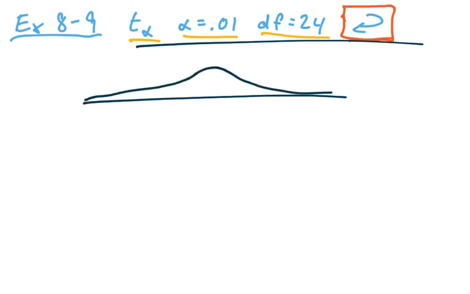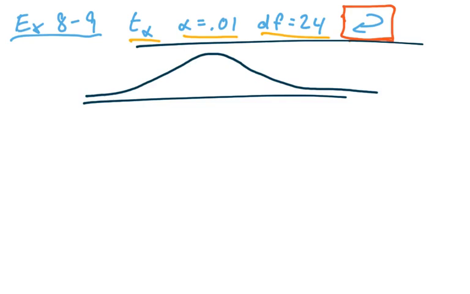It doesn't have to be perfect. Remember, it's just a sketch. And just a side note: as the degrees of freedom increase, our curve is going to look closer and closer to the standard normal curve.